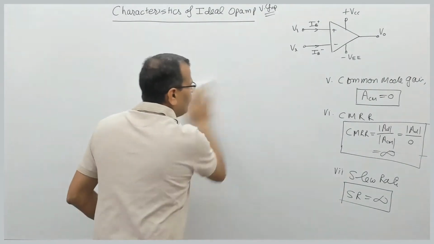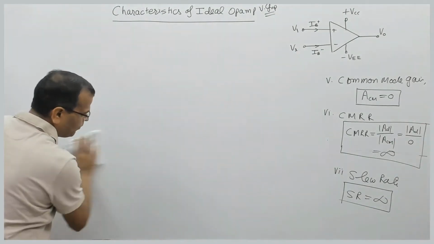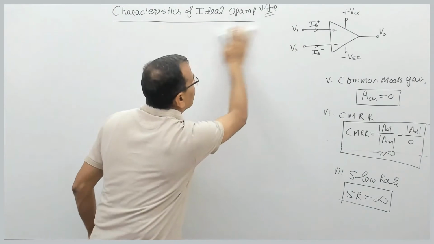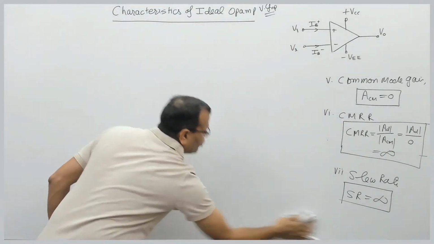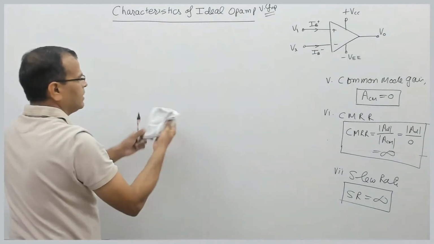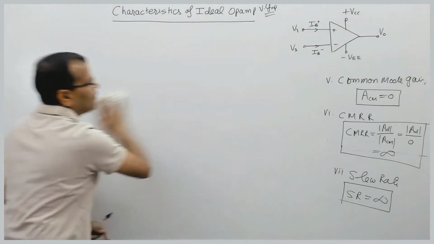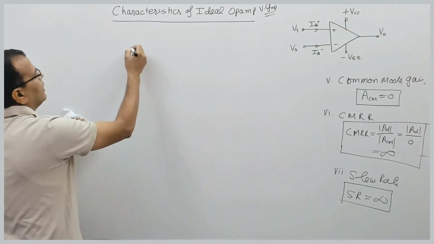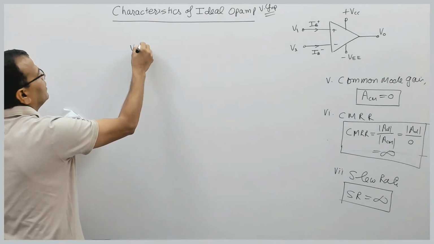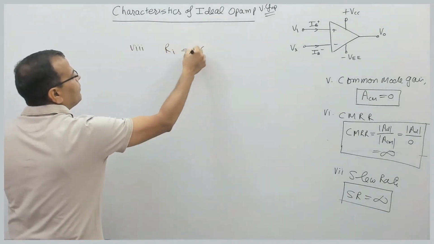Now we will see a few more characteristics for an ideal op-amp. For an ideal op-amp, what should be the input impedance? The eighth characteristic: for an ideal op-amp, input impedance is infinite.